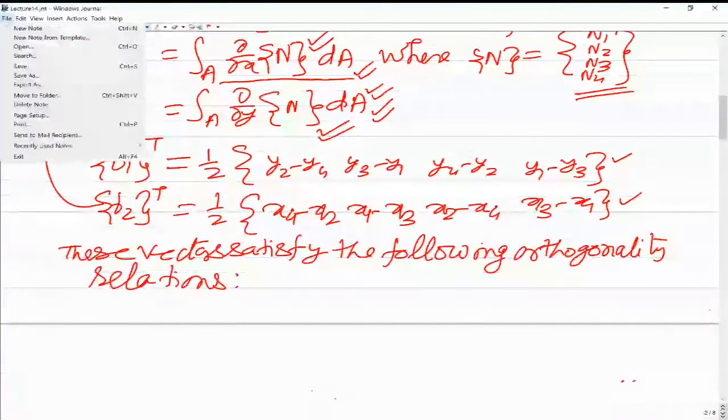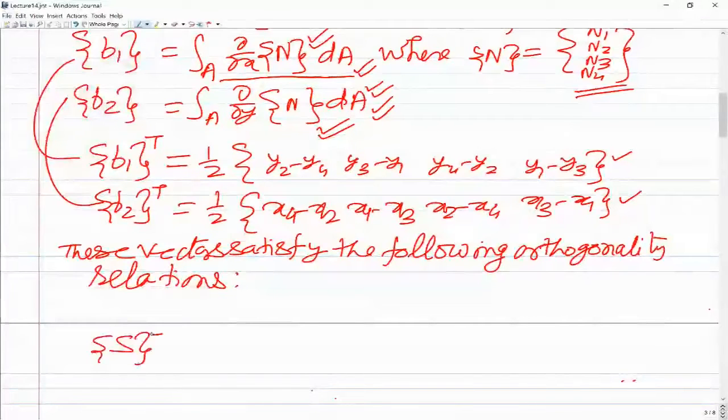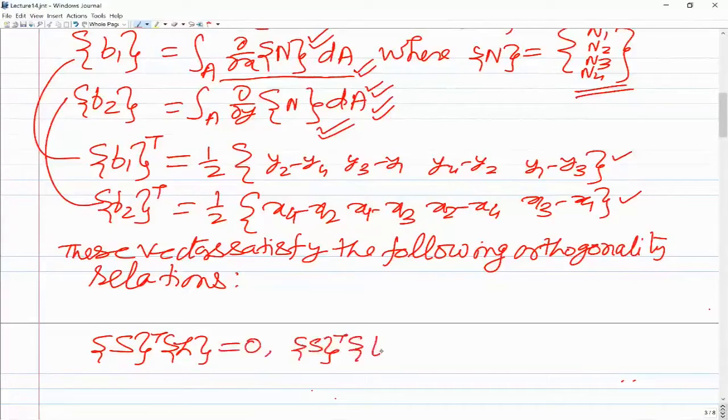So you can actually check that. You will find that if you take S transpose into H, this will be equal to 0. If you take S transpose into B1, this will be equal to 0.